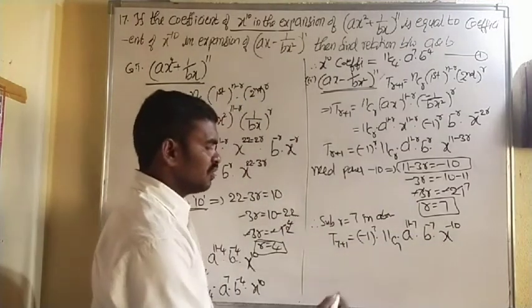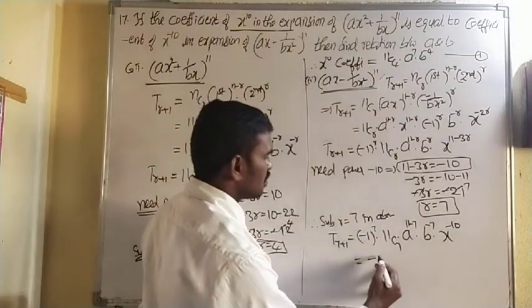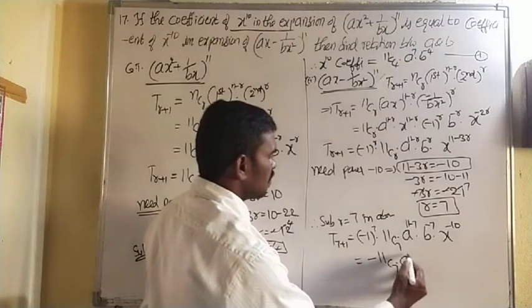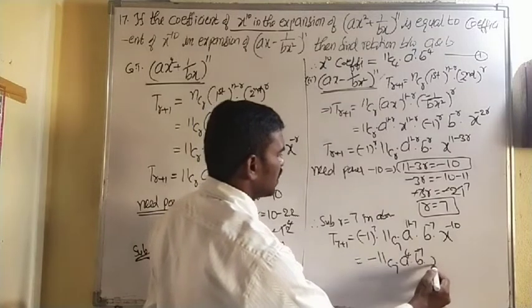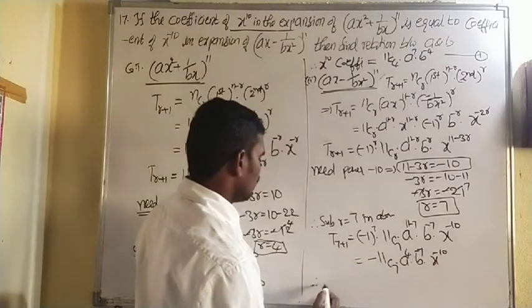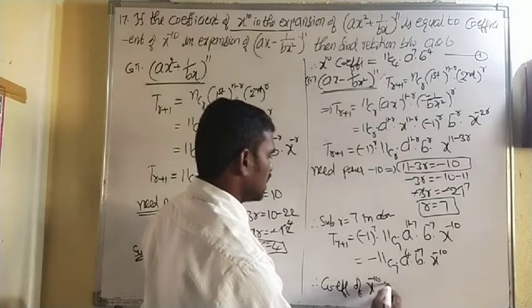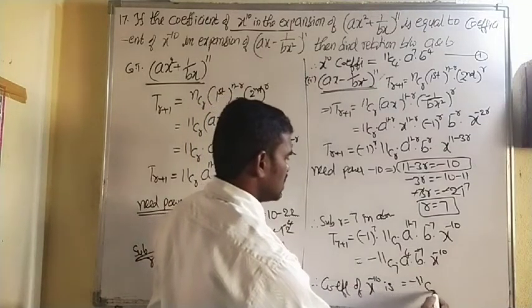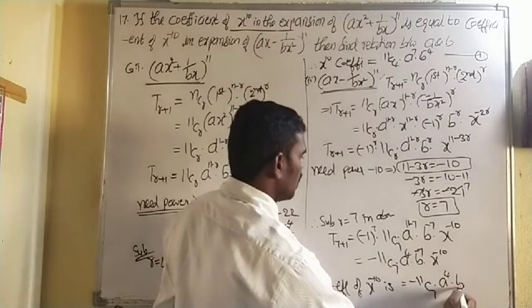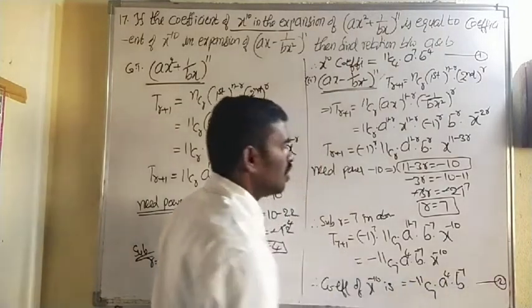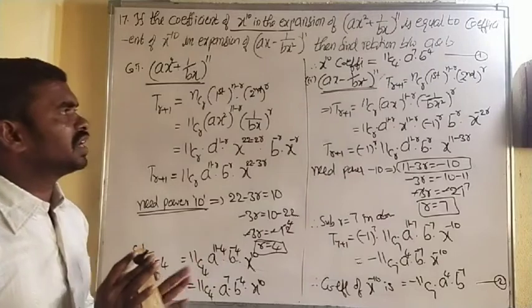Minus 1 power 7 means minus, so minus 11C7 a power 4 into b power minus 7 into x power minus 10. Therefore the coefficient of x power minus 10 is minus 11C7 into a power 4 into b power minus 7. Equation 2.